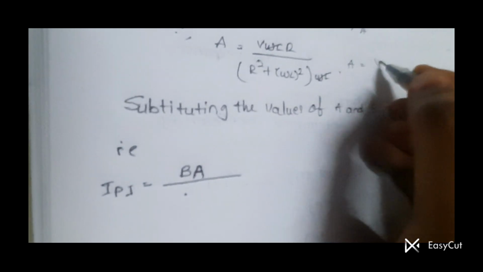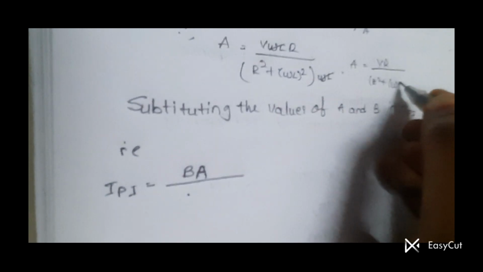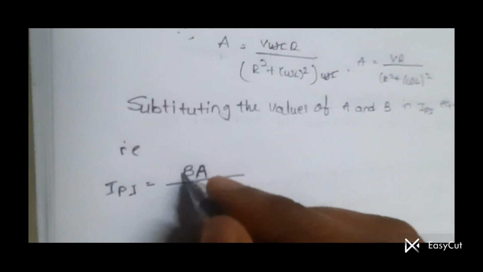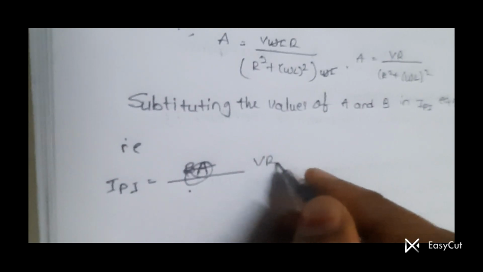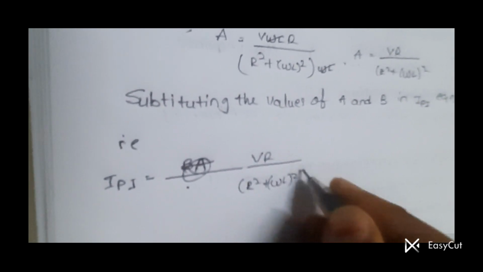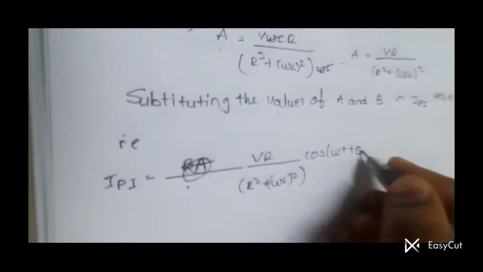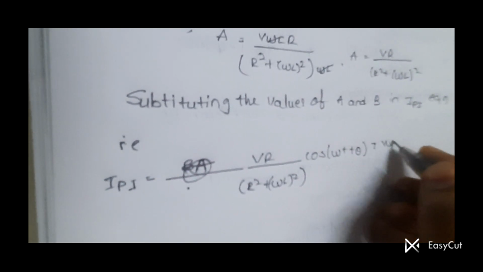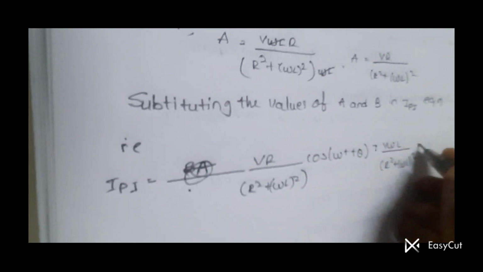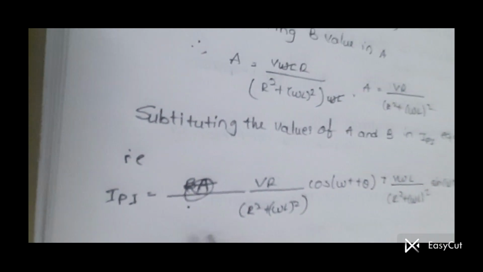A equals V R by R square plus omega L whole square. So IPI equals V R by R square plus omega L whole square into cos of omega t plus theta plus V omega L by R square plus omega L whole square into sin of omega t plus theta.